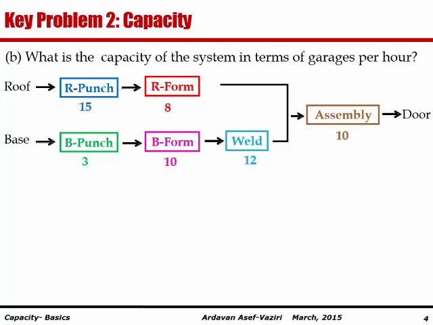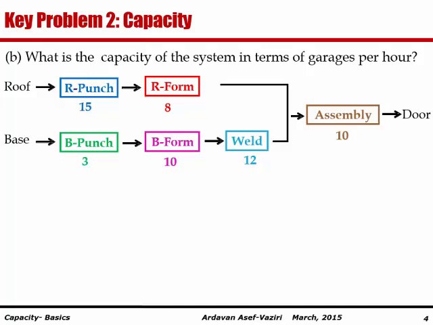This activity has been allocated to resource R form, and the load of resource R form is 8 minutes because this activity takes 8 minutes. Each individual activity has been allocated to a separate human and capital resource. So these 6 activities share no human or capital resources, and we have 1 unit of human and capital resource for each of these.